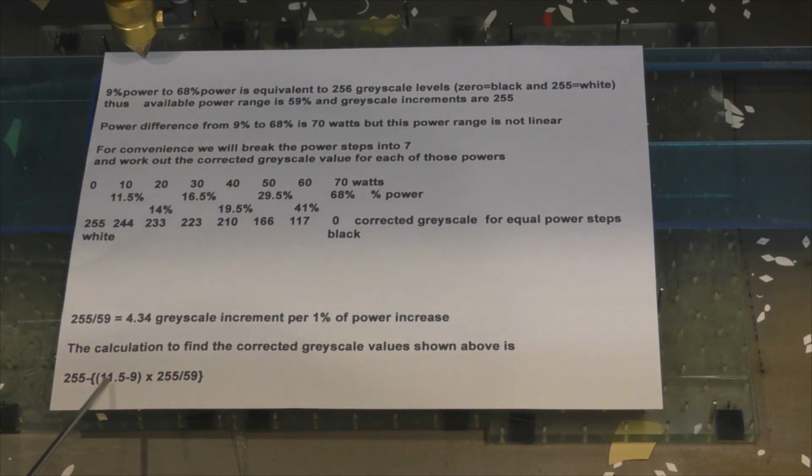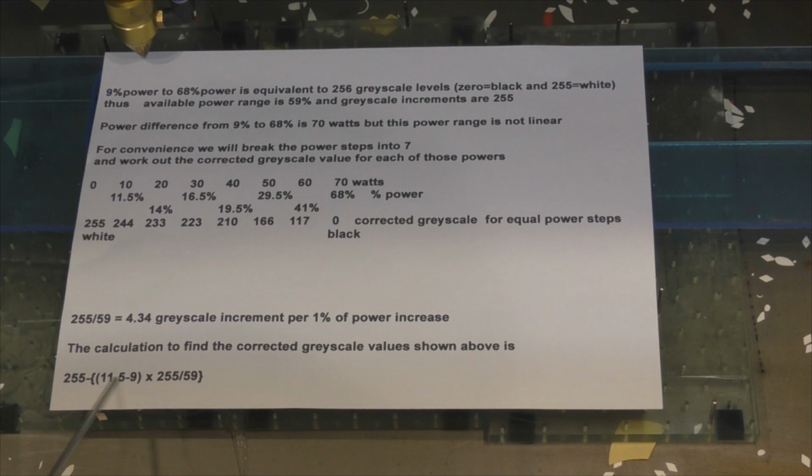So I've got 11.5% here, which we read from the graph, for a 10% power increment, and that 11.5 of course started at 9% power. So really all I've got is a 2.5% increase above 0.